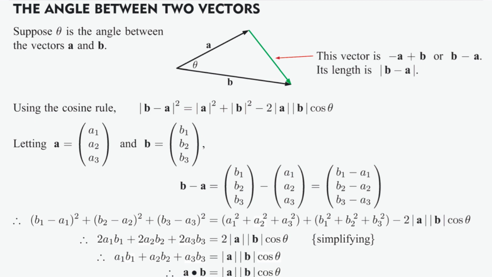So through the analysis of the cosine rule, we get this formula for the angle between two vectors.